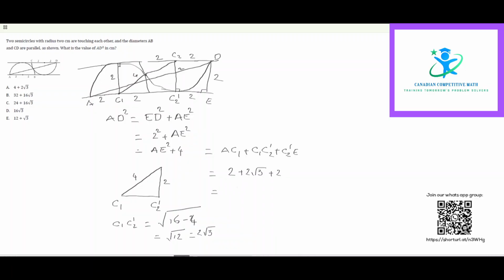So this will be equal to 4 plus 2 root 3. Right. So that is AE.